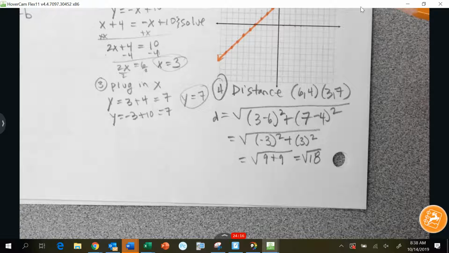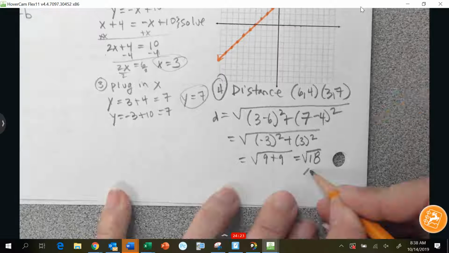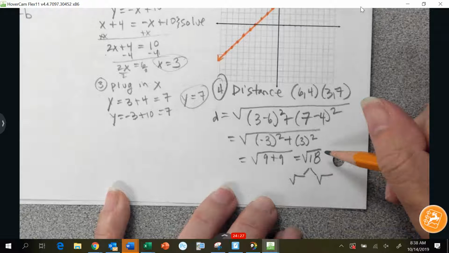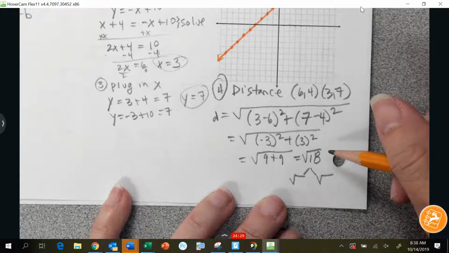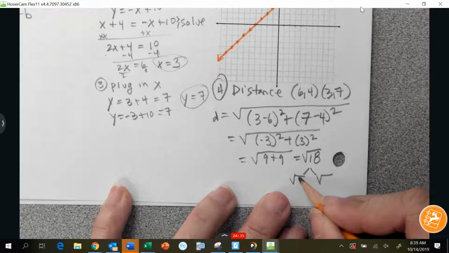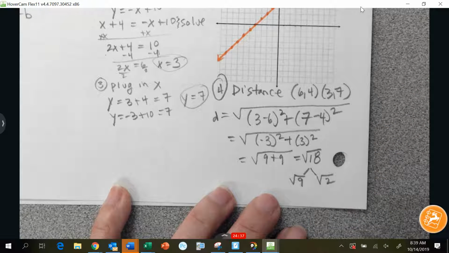Did you get it already? Did you simplify it? Okay, so then we need to simplify square root of 18 like this, where we try to think of a divisor of 18 if there is one. So Matthew, what did you come up with? 9 times 2. Good. So 9 is a perfect square.